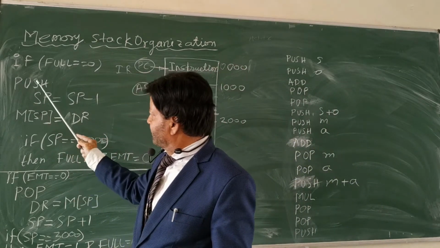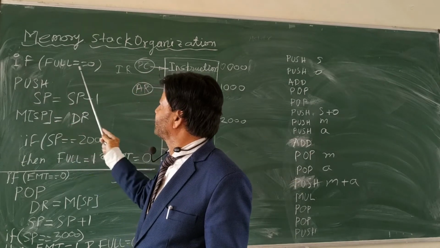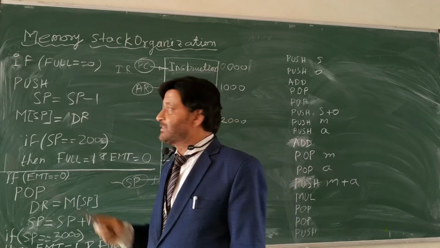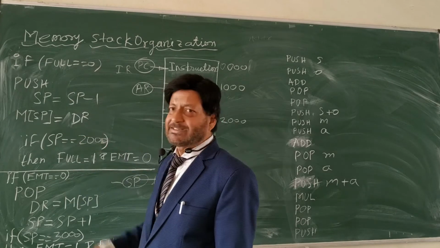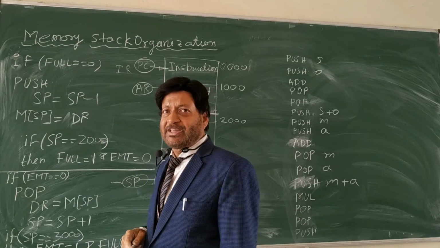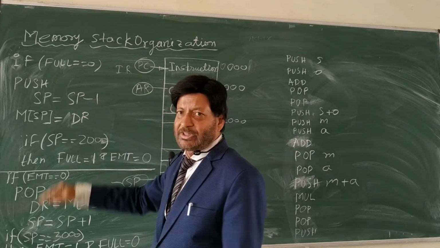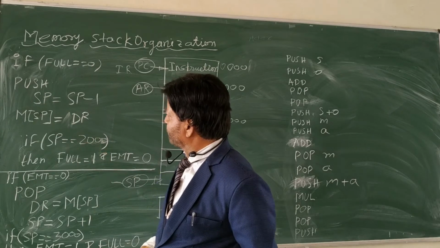First, before doing the push operation, we have to check that full is equal to 0. Full equal to 0 means the stack is not full. If full is equal to 1, the stack is full, and the operation will not be executed. So if full is equal to 0, you perform the push operation.